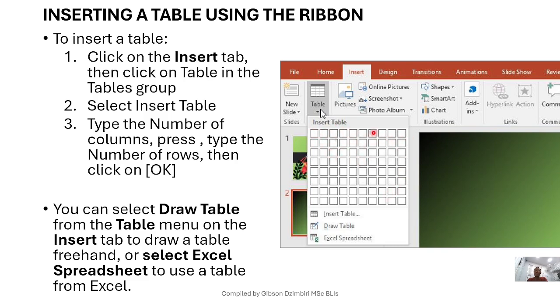All these boxes represent the number of columns if you go this way, and if you go down here, it represents the number of rows that you want. So in this case, if I want to have 5 columns, then I will move to the right up to 5 spaces. Then if I need 5 rows, I have to move down accordingly. Then a table of 5 columns and 5 rows will be created.